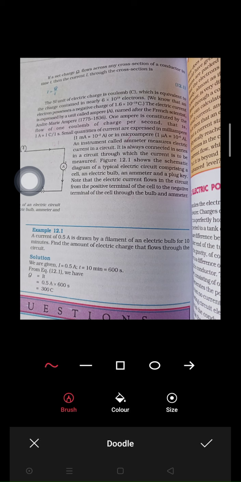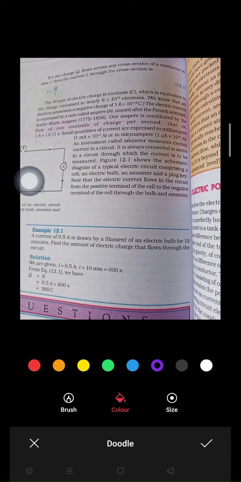So 1 coulomb is 6 into 10 to the power of 18 electrons. The charge of 1 electron is 1.6 into 10 to the power of minus 19 coulomb. All these are theoretical things, you have to learn them by heart.